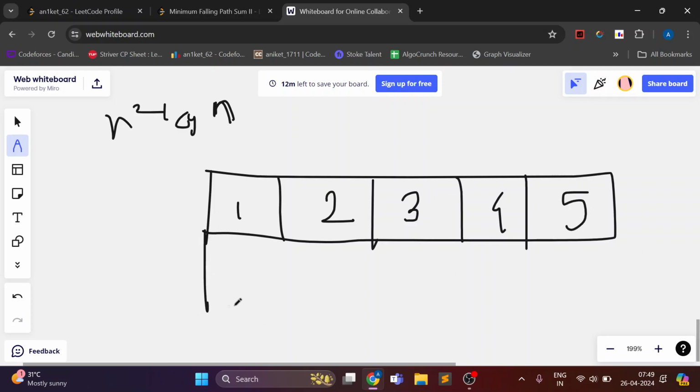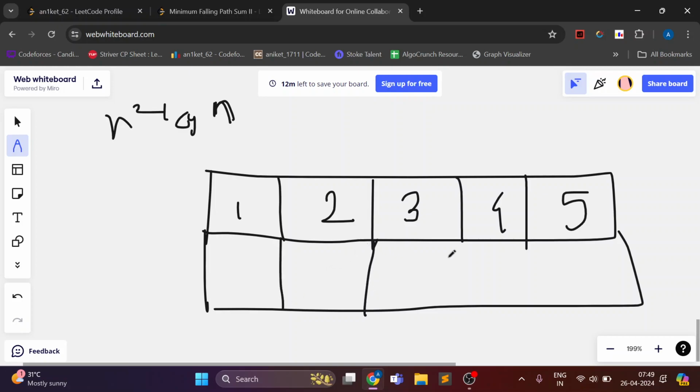This is the dp vector, and now this column has an aij value of 4. Now what I can do is store the one row above in a multiset.